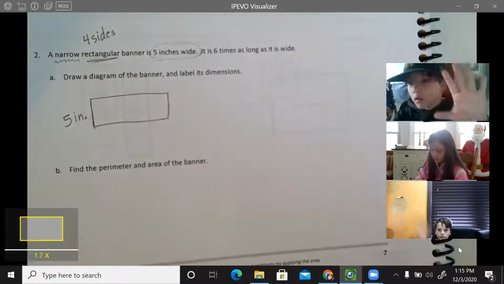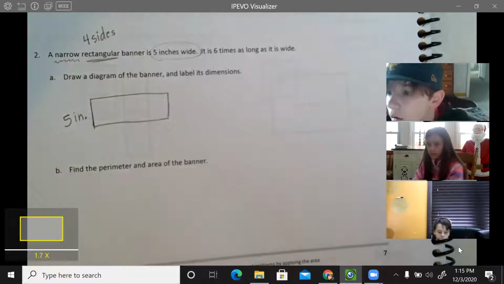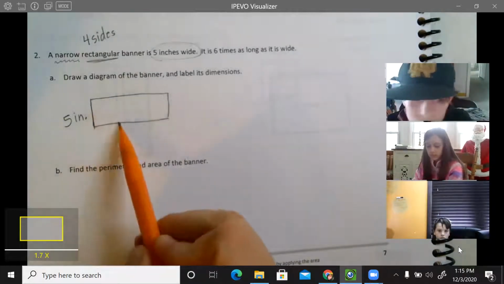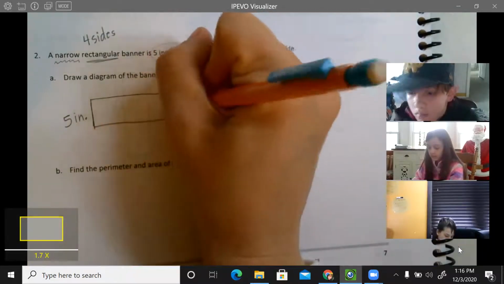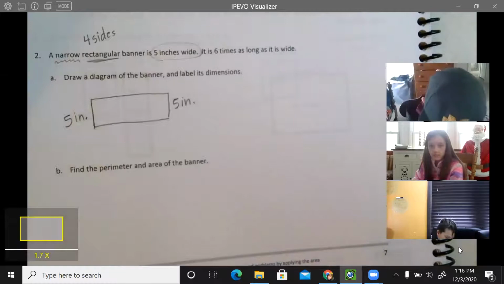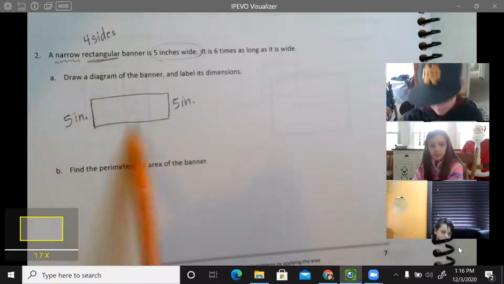Chase? The other side. This one, or this one? That one, the opposite side. Very good. 5 inches.